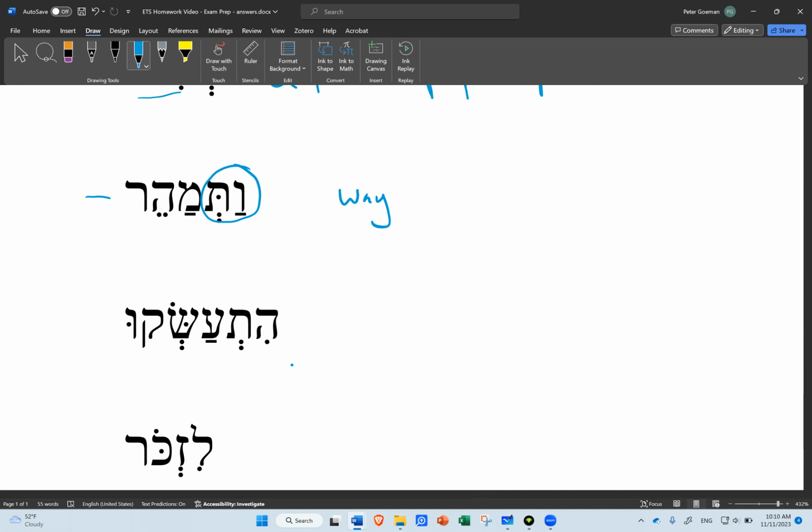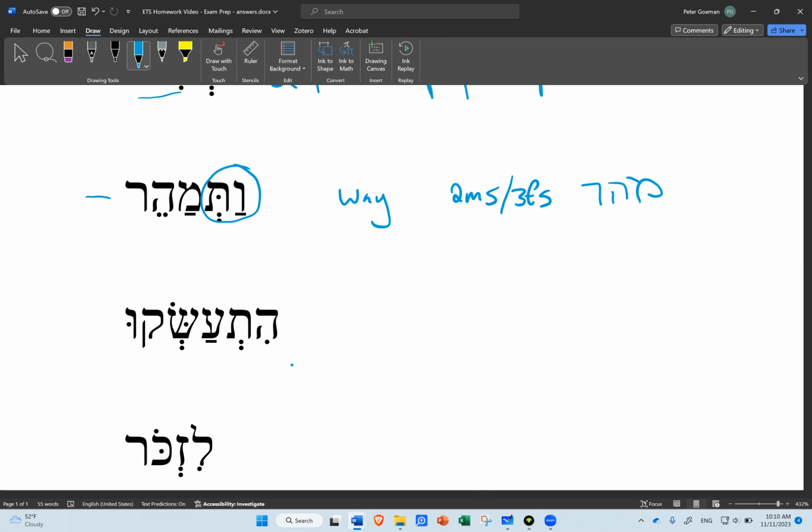So Vayiqtol. Now the Tishmor can be 2ms or 3fs, so you could put either of those. Tishmor from our paradigm. And then it comes from Mahar.